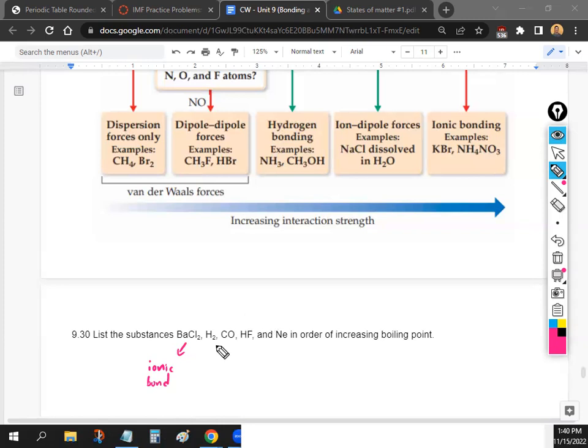BaCl2 is made by Ba giving electrons to the Cls. That makes Ba 2 plus and Cls minus, and they make BaCl2.